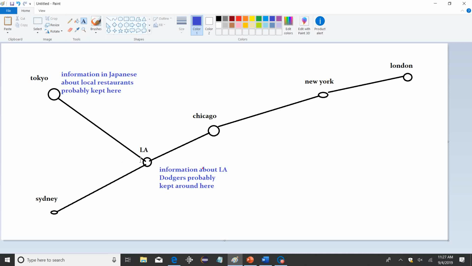Likewise, even though there's a fair amount of travel between LA and Tokyo, and there's probably a number of LA residents who could actually speak and read Japanese, if it's a page that's written in Japanese about a restaurant in Tokyo, chances are there's going to be a lot more demand for it over here than down here, right?